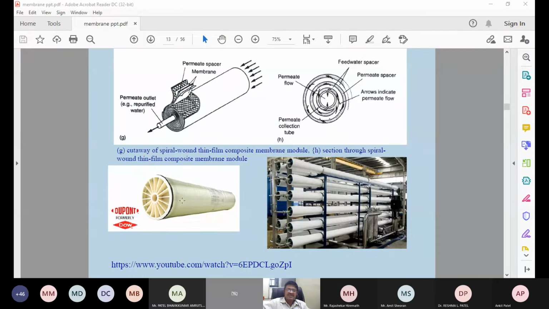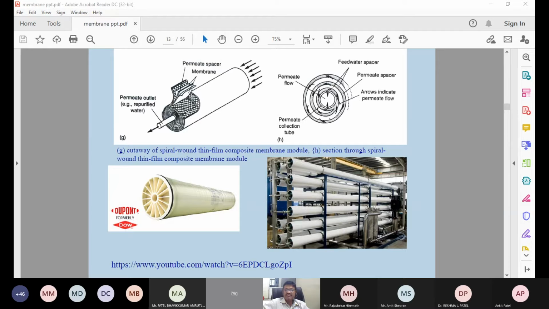So you can see this type of spiral wound membrane, and many companies are making it, like DuPont, Dow. This is DuPont, and Dow is formerly called Dow. Many other companies are also there. So this type of spiral wound membrane, if you are using RO and other systems in your house, you will have this type of membrane fitted into your filter.